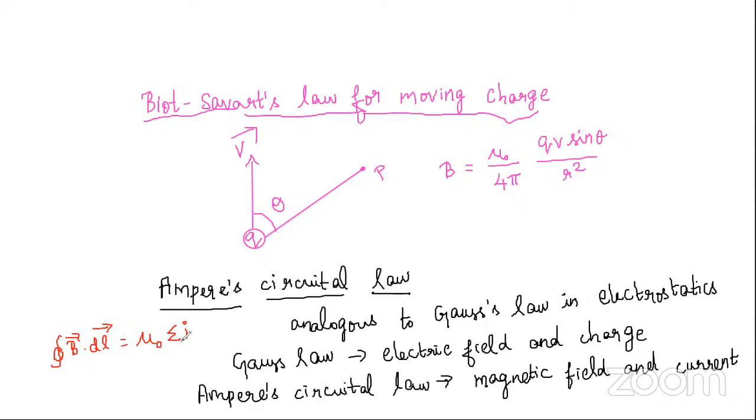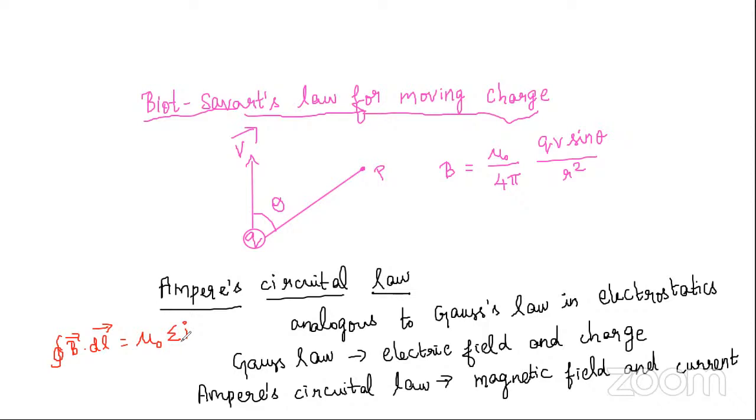You can take any loop or any closed path in free space, and if you want to find out the magnetic field due to the closed loop, then you can use this Ampere circuital law.